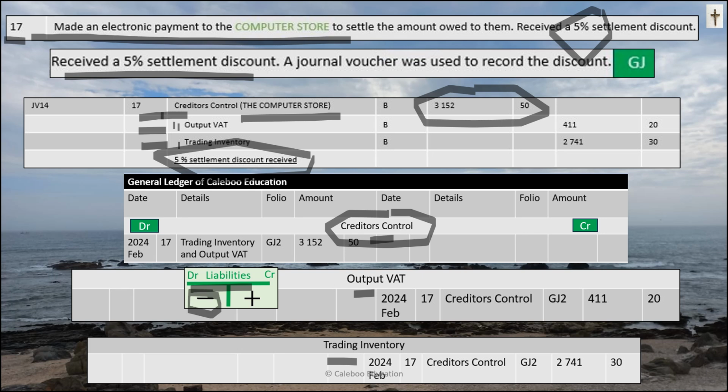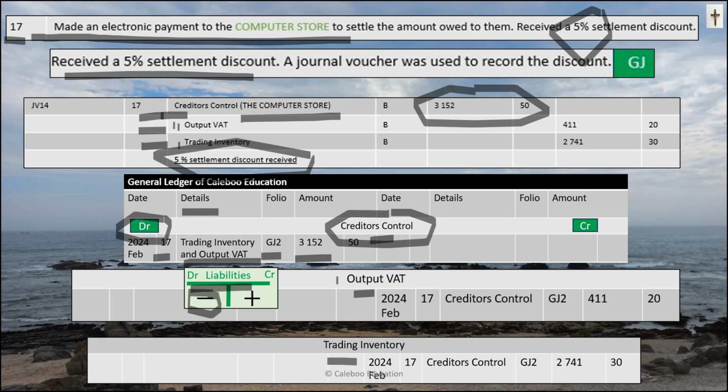And for a decrease in liability, the account must be debited. So there's the date. Under details, it's the name of the contra accounts. Where did we get the information? From the general journal, and it's the full amount, including the VAT that we've reversed, and the account is debited, a decrease in liabilities.